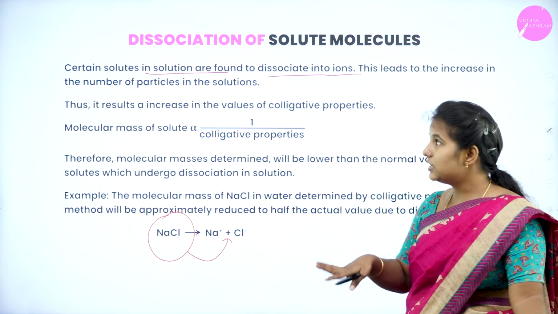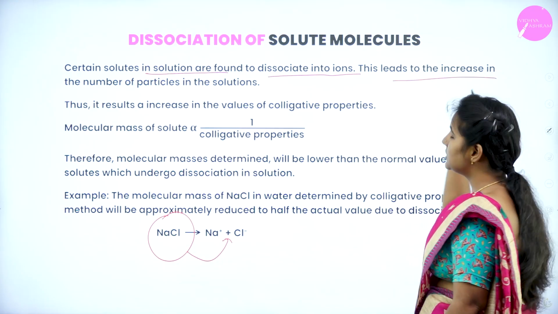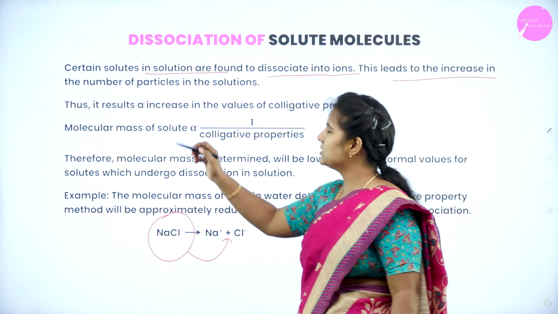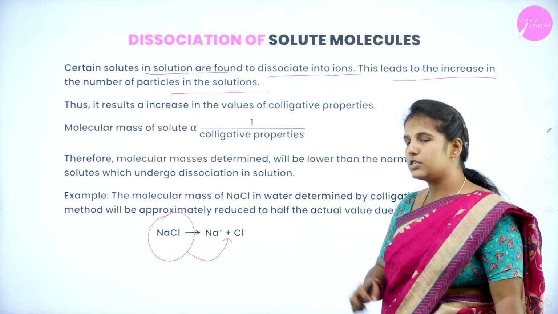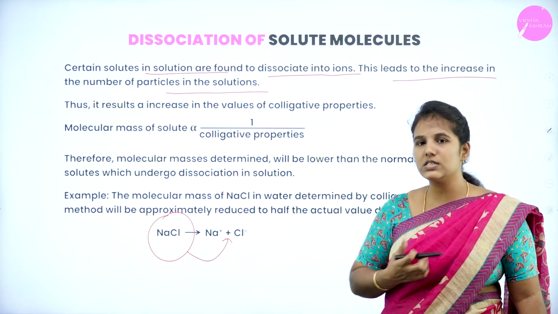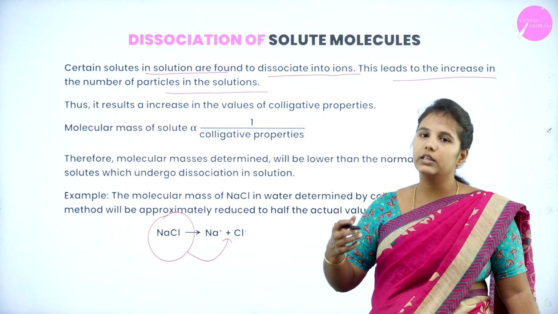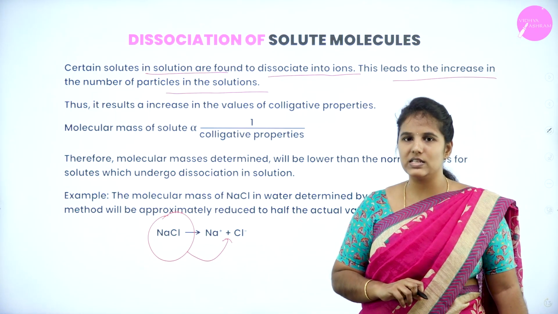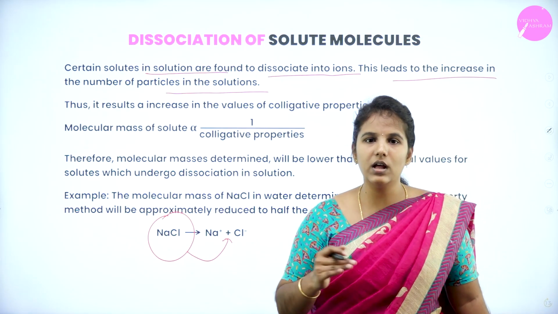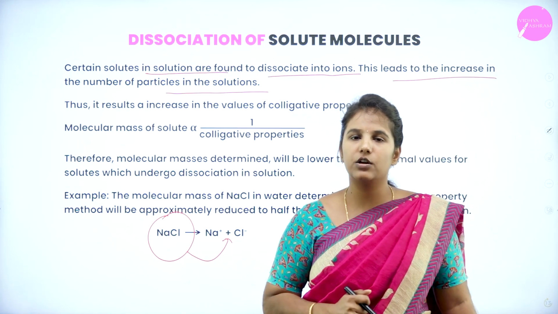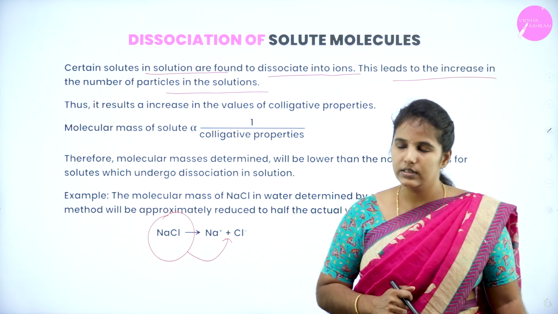Right? So in such cases, what will happen? This results in an increase in the number of particles in the solution. If the number of particles increases, obviously the colligative property will increase, because the colligative property depends only on the number of particles instead of their nature. Remember?